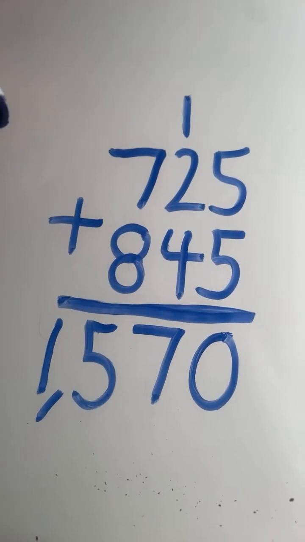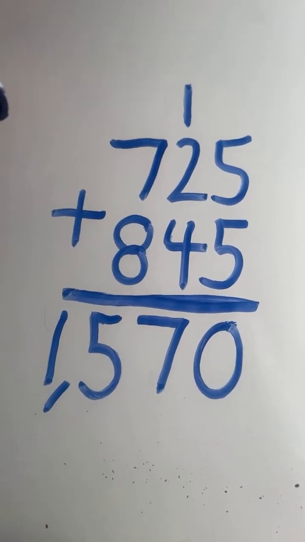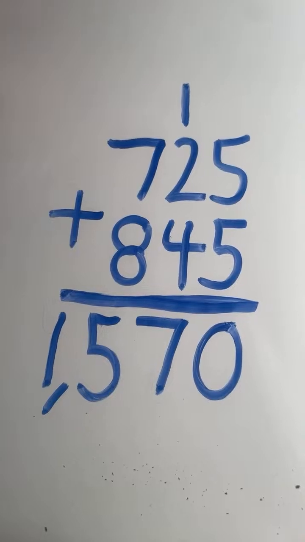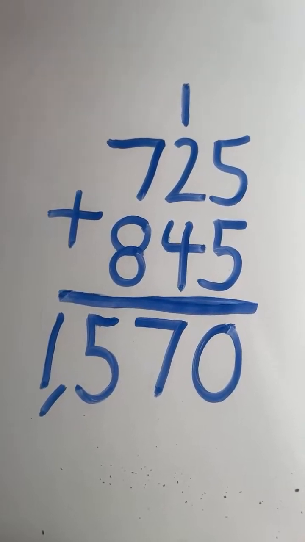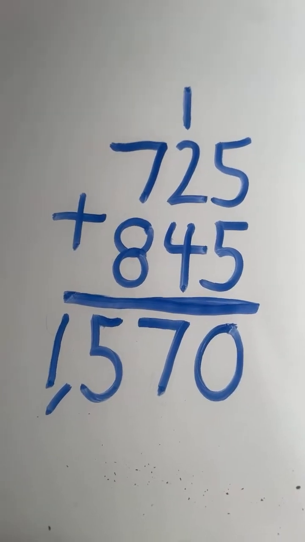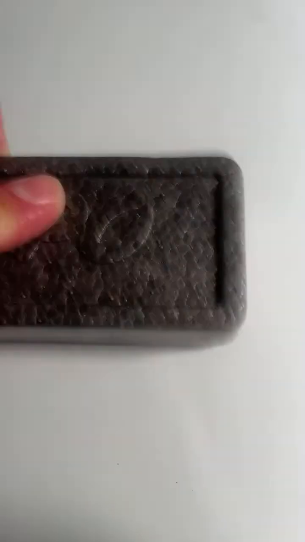And we have our final answer, 725 plus 845 equals 1,570. All right, moving on to our next example problem. This may be our final example problem of the live stream.